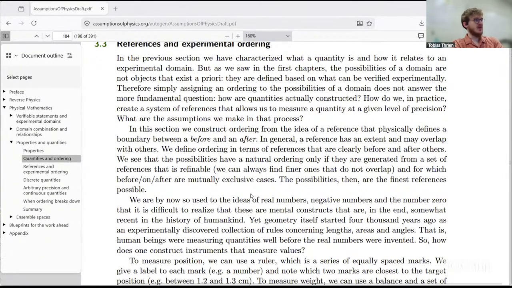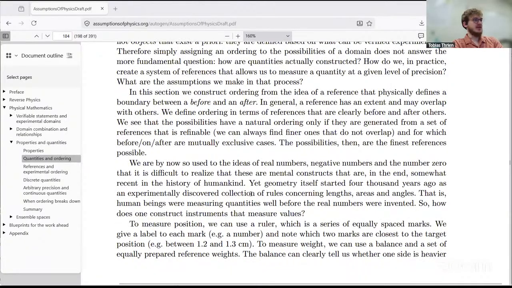Create a system of references that allows us to measure a quantity at a given level of precision. What are the assumptions we make in that process? In this section, we construct ordering from the idea of a reference that physically defines a boundary between a before and an after.